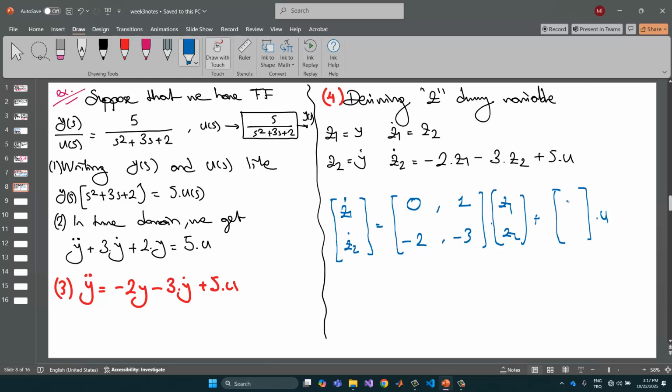What about the first term of the input matrices? 0 and 5. Yes, and so z dot is A z plus B u, right?